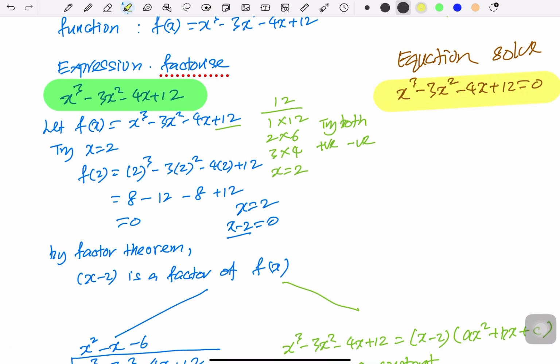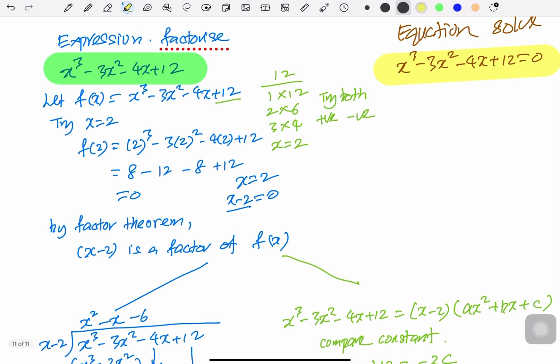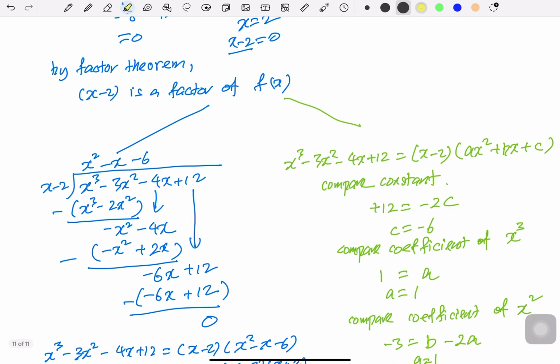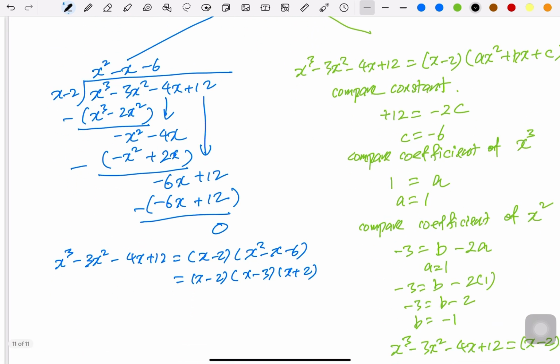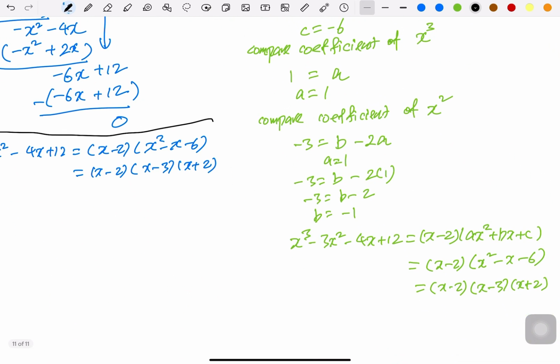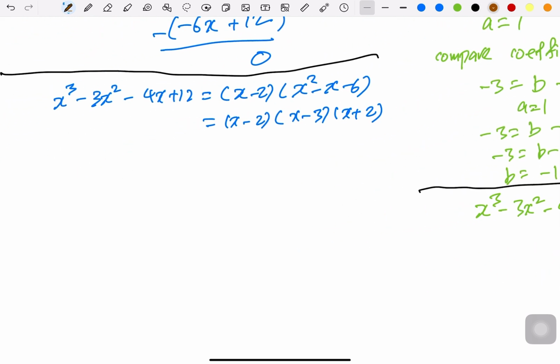So the steps we do are exactly the same, until we reach the long division here, until you find a, b, and c, and then there will be some differences. What are the differences?